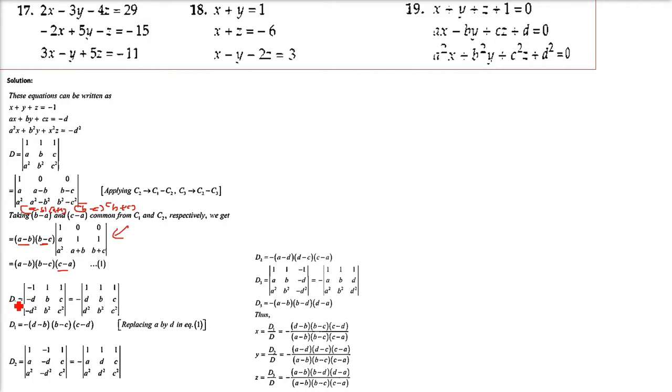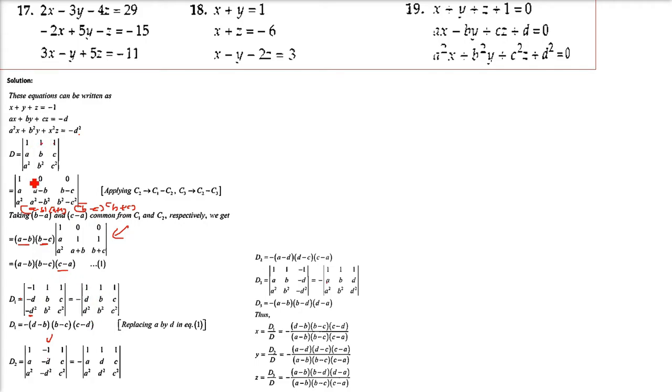Now when you try to find out D1, the 1a square will be replaced by negative 1, negative d square. For D2, the second column has to be replaced by minus 1, minus d square. For D3, you have to replace the third column by minus 1, minus d square, what was actually in D. Right? So when you just solve it, you have to replace A by D, and all of these you have to take negative outside.